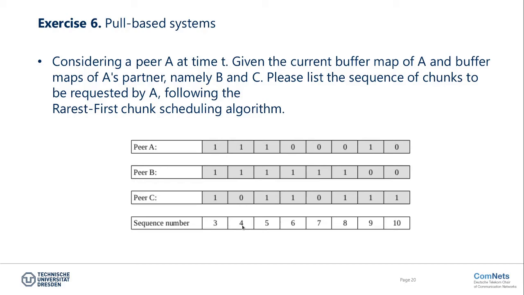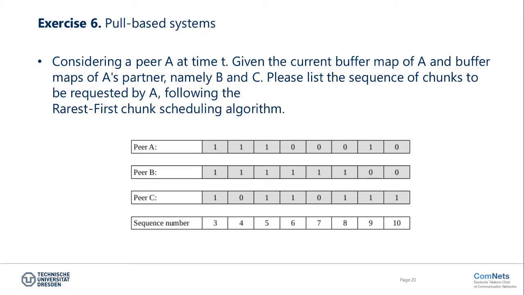For video packet number 4, it is available at peer A, peer B, but unavailable at peer C. The question is, if we consider peer A and it has to run the rarest first scheduling algorithm, how will peer A request video packets from B and C given their video buffer maps like that?